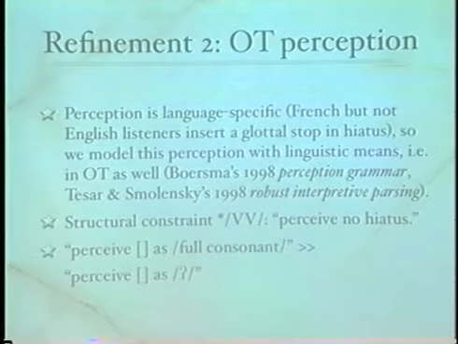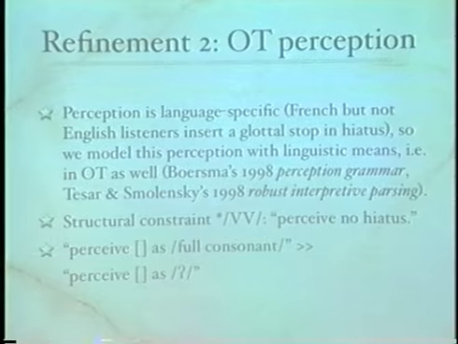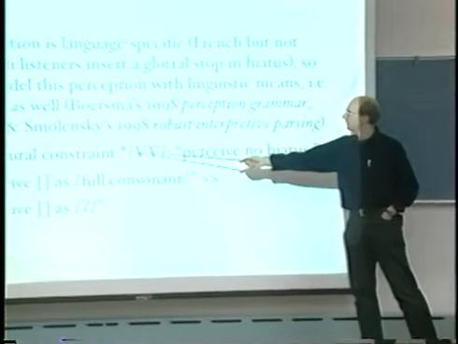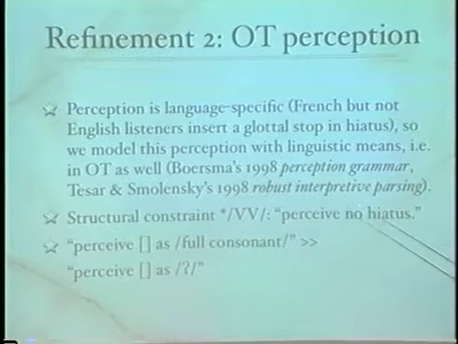Well, how about this perception? If you feel cheated about my proposal that hiatus is perceived as a glottal stop, well, you have to realize that perception is language dependent, and so we do it in OT. And then we have the structural constraints in OT that work in perception. It says star hiatus, perceive no hiatus.